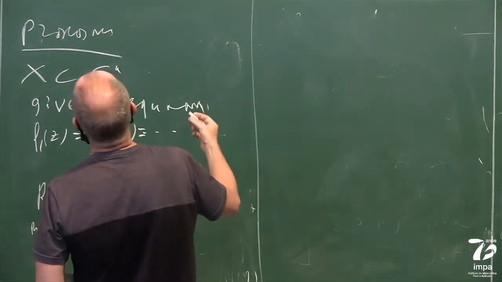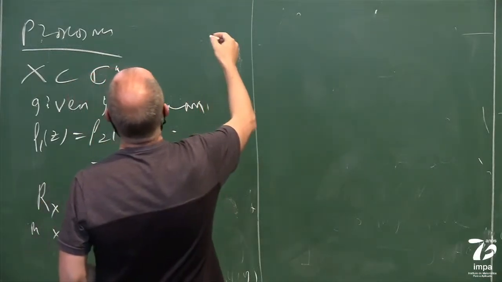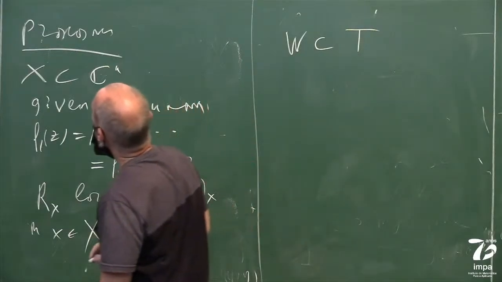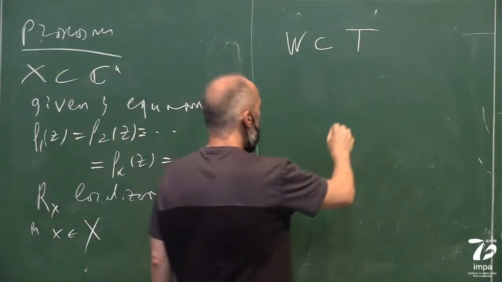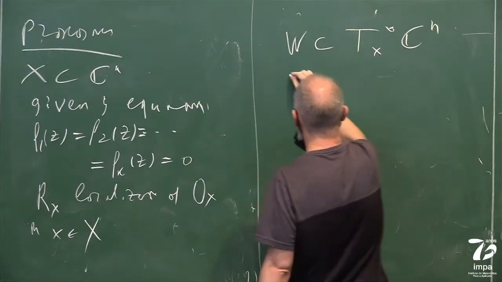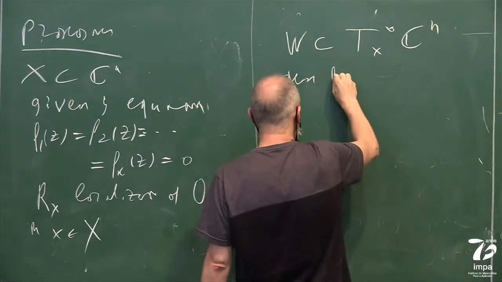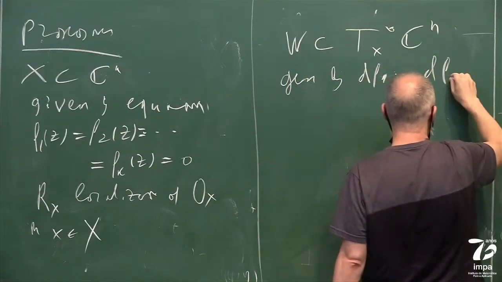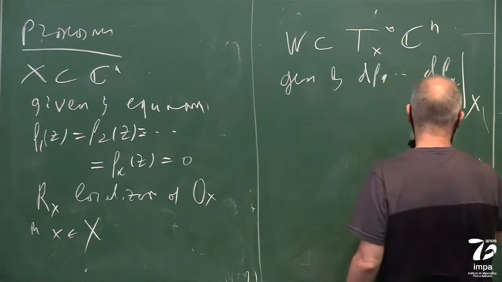And then you can have W. This is in the usual cotangent space, T star of Cn at x, generated by df1, ..., dfk restricted to that point.